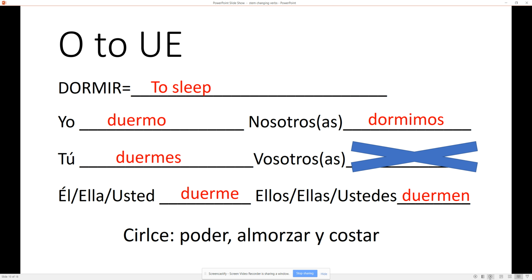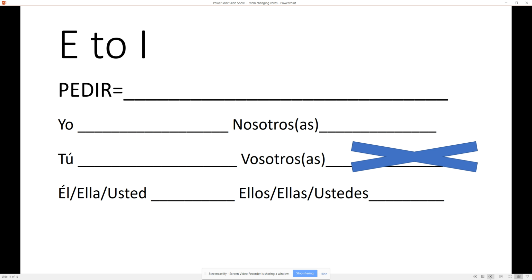I can is yo puedo. To have lunch is its own verb, so you can say yo almuerzo. And for something to cost, students will see this a lot when we ask, for example, how much does it cost? Cuánto cuesta is the verb costar.